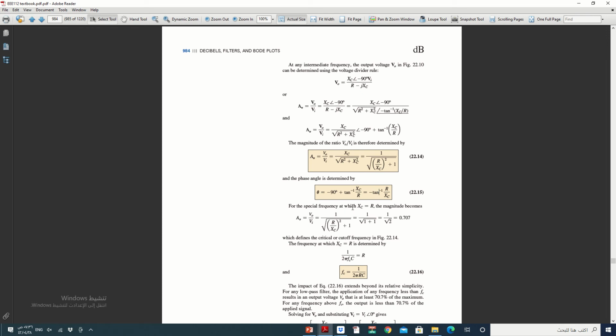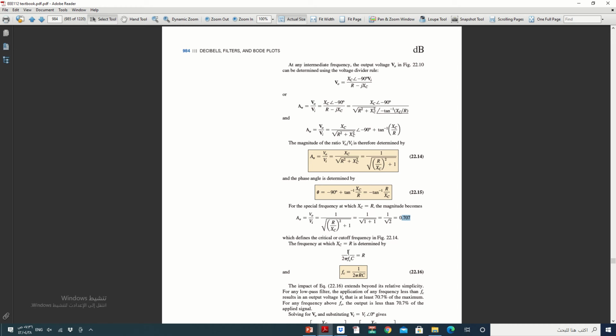Now, for the special case, if we put XC equal R and substitute here, you will get 1 here, and 1 plus 1 is 2. 1 over root 2 is 0.707, which we mentioned before.